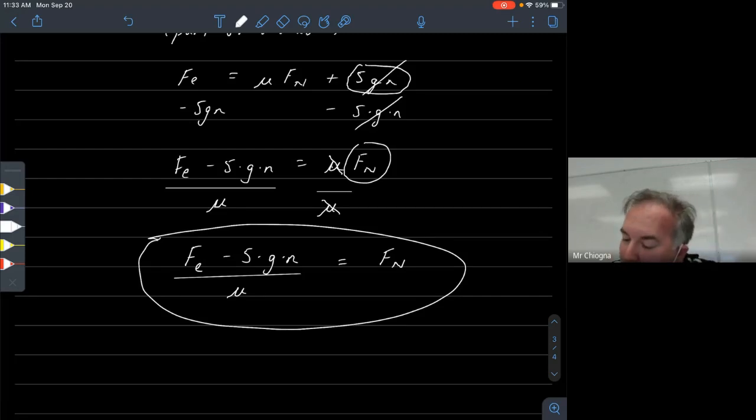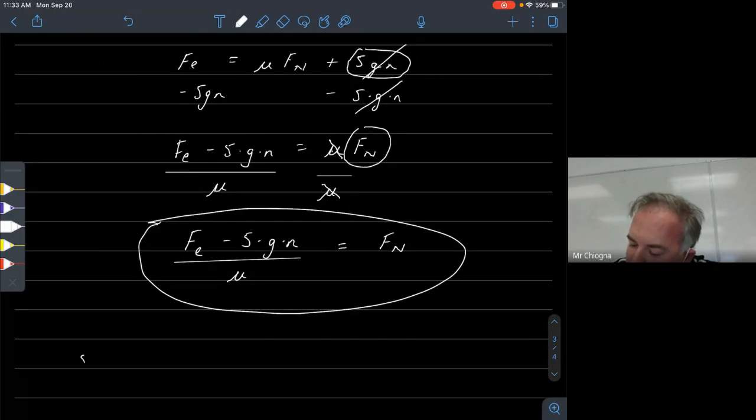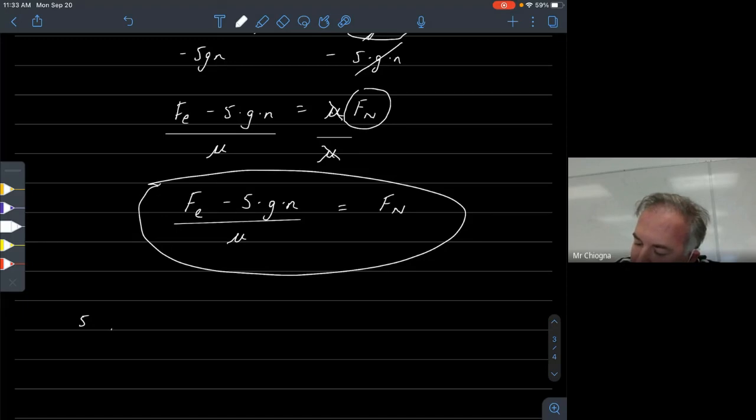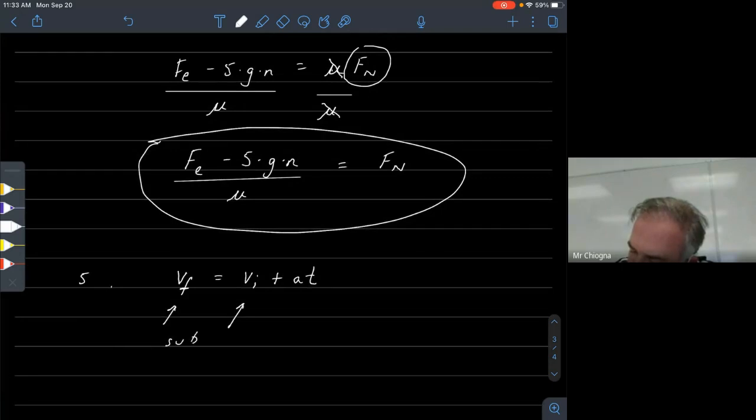Couple more. These are subscripts. They mean something. Now we're getting to a little bit more meaning physically.